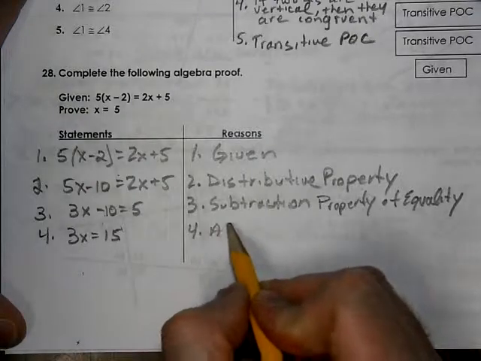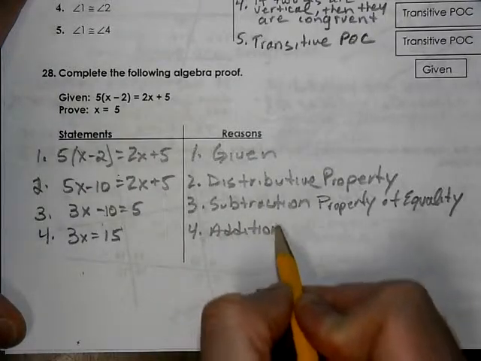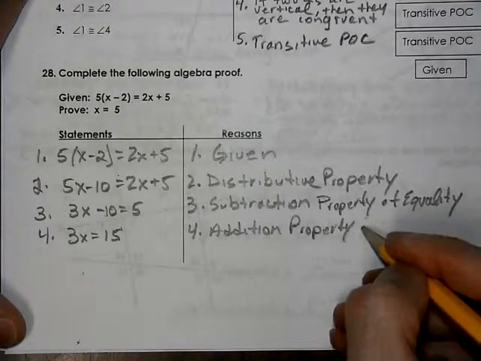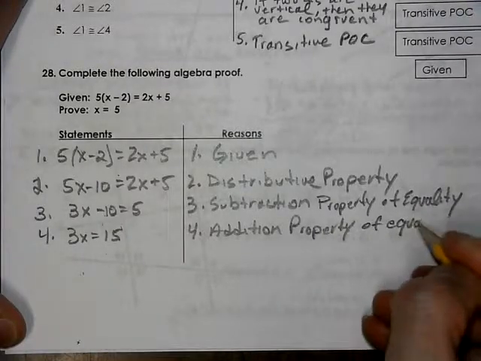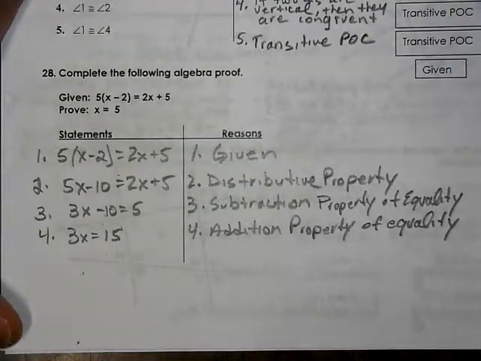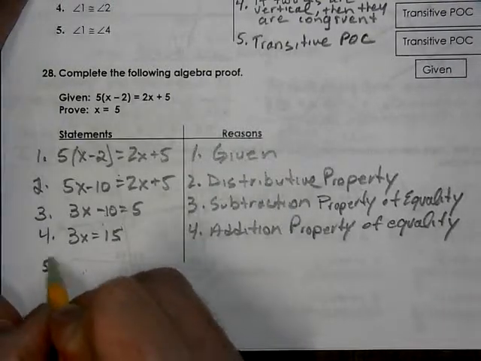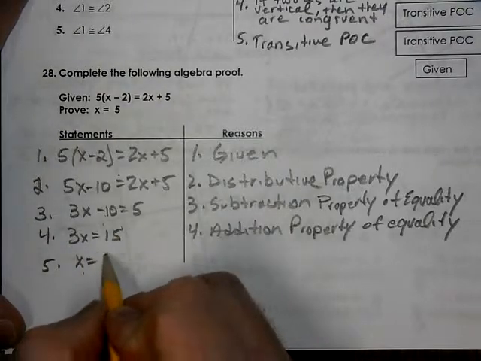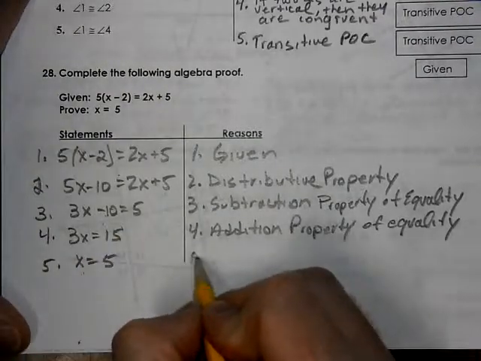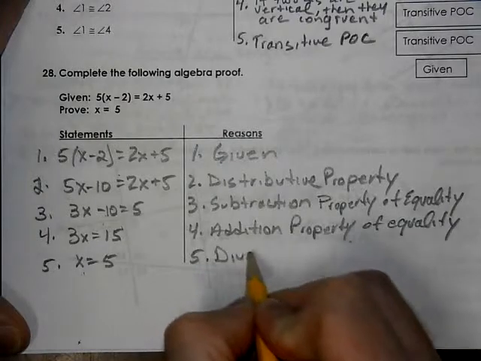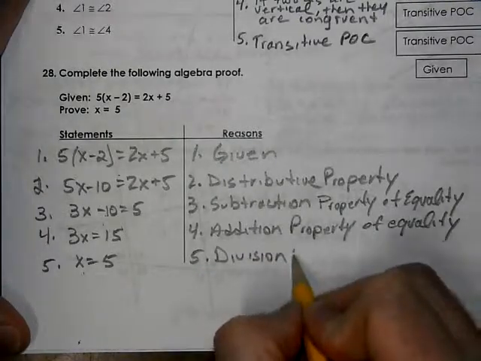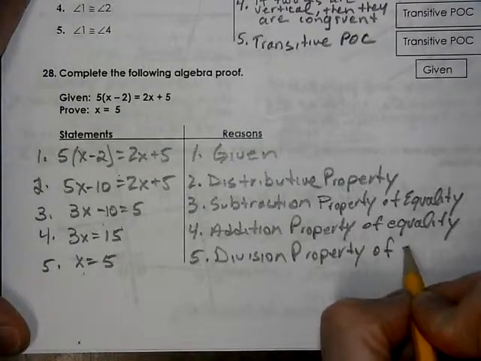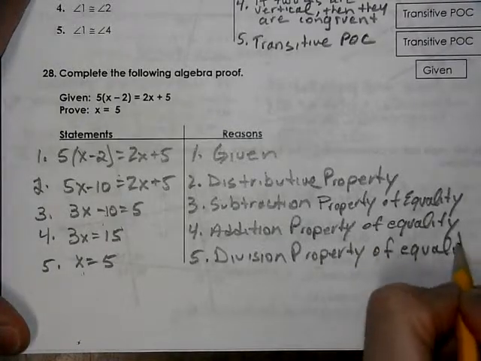So that's addition property of equality. And then we'd finish it off. Divide by 3, divide by 3 to get 5. That's a division property of equality.